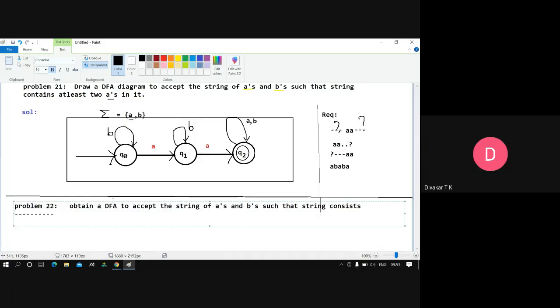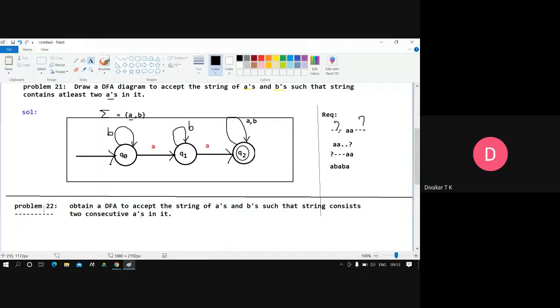Read the question carefully, guys. Obtain a DFA to accept a string of A's and B's such that the string consists of two consecutive A's in it. The first question was at least 2A, now consecutive 2A. Just try.